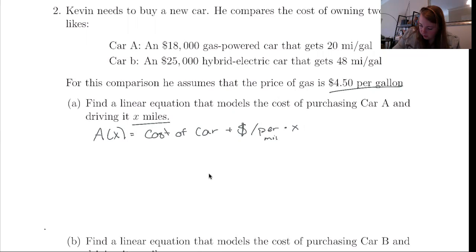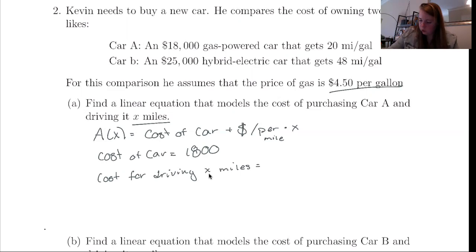Per mile. So I know the cost of the car A is 18,000. What about the cost for driving X miles?